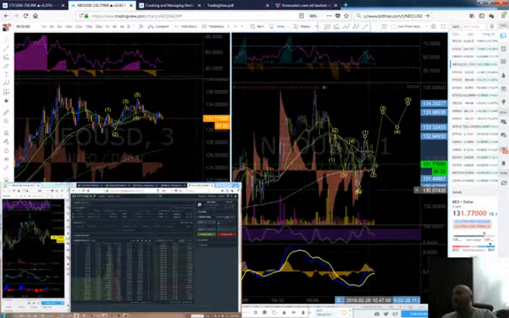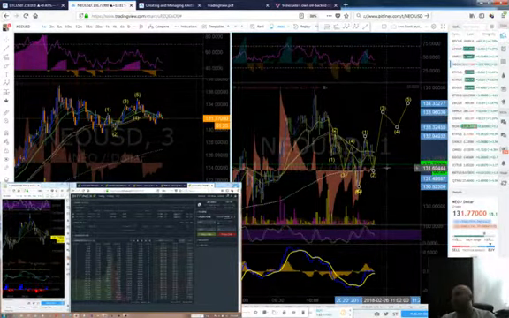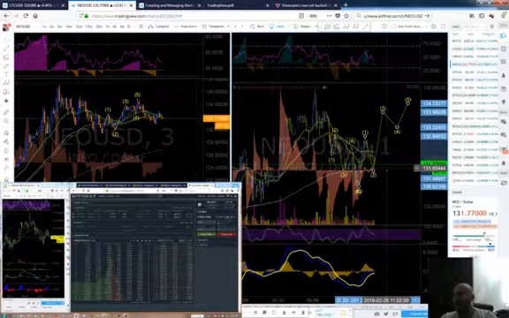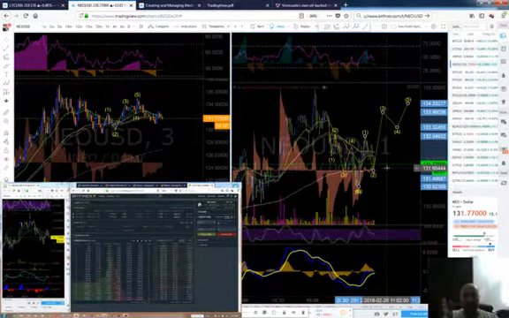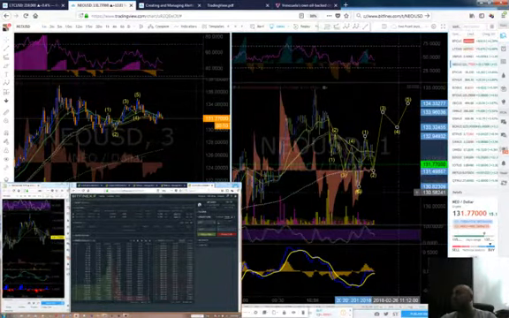One of those things is, they say that the third wave is never the shortest. It's not necessarily the biggest one, it's never the shortest. That means that wave 1 can be small and wave 5 can be bigger than wave 3, as long as wave 3 is not the shortest of all 3 waves that are going in one direction. That's what that means.